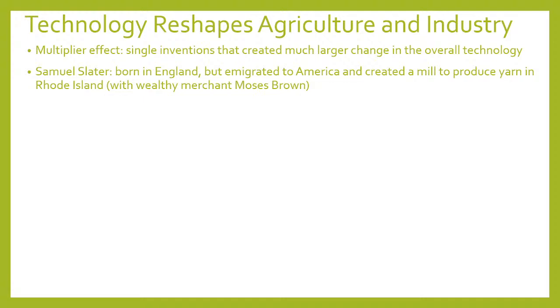However, since Britain and America were still very much economically opposed to one another, you could not just leave England with one of their textile machines or even blueprints for one.